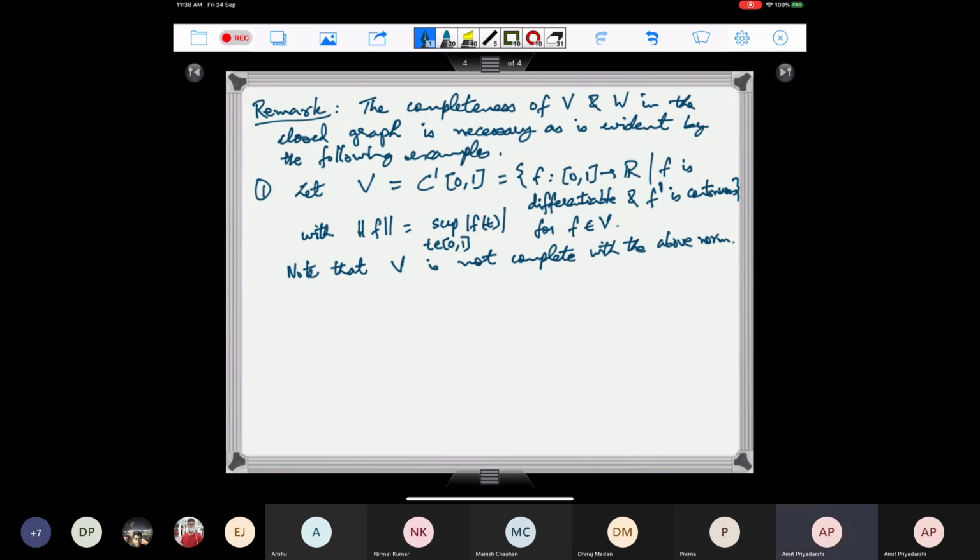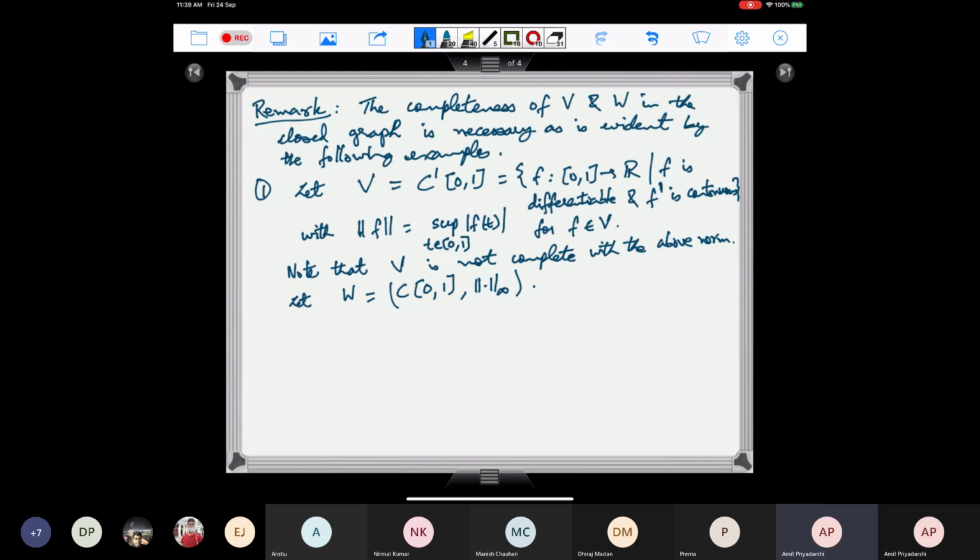And let W be equal to C[0,1] with the sup norm again. So this is just the space of all continuous real valued functions on the closed interval [0,1] with norm equal to the supremum of |f(t)|.